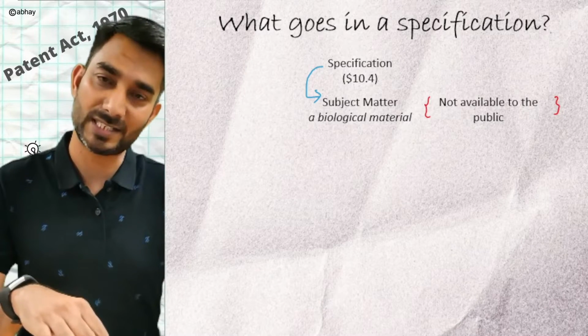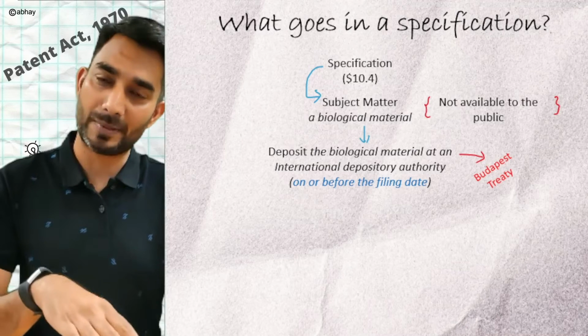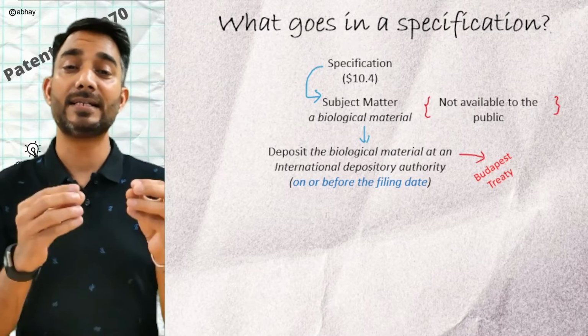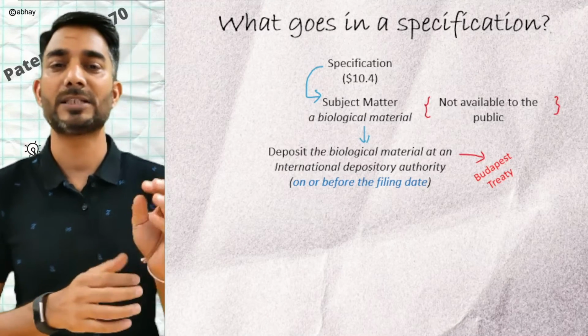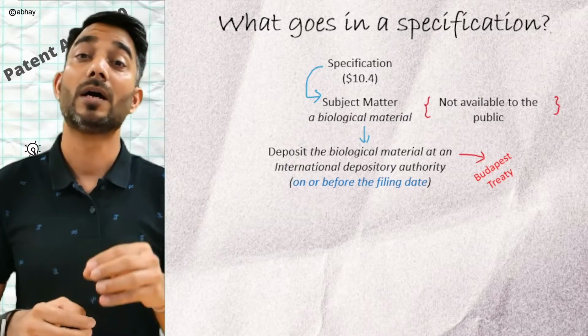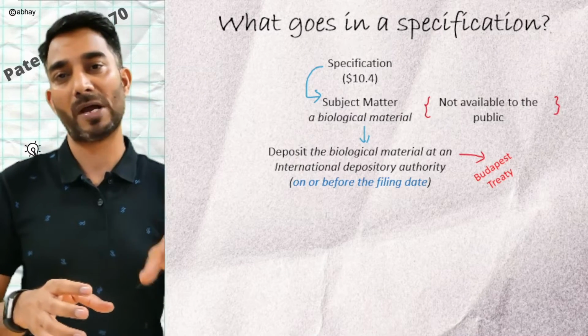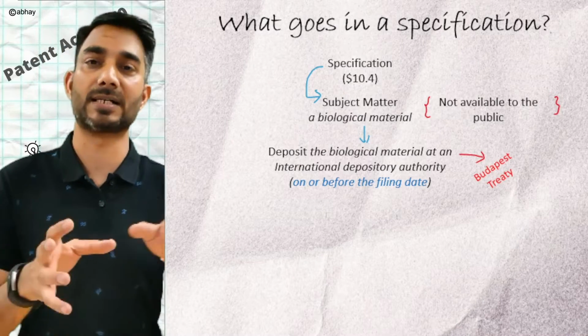So in such cases, the Act provides an option to the applicant to deposit the biological material at an International Depository Authority, IDA, as per the Budapest Treaty. As per the Budapest Treaty, such deposit of biological material for patent procedural purpose is recognized.